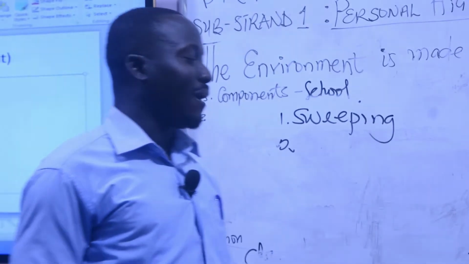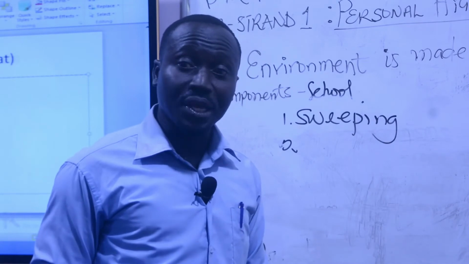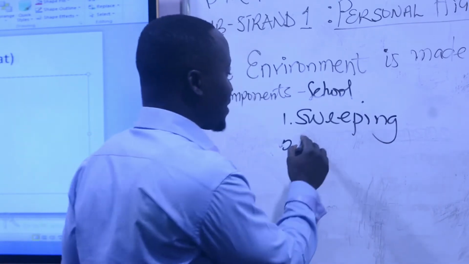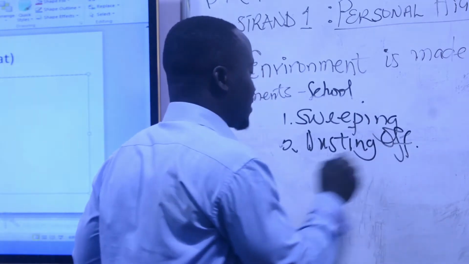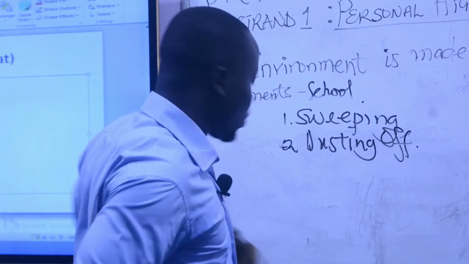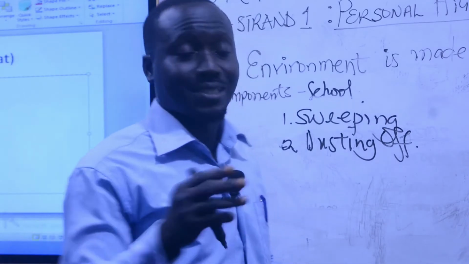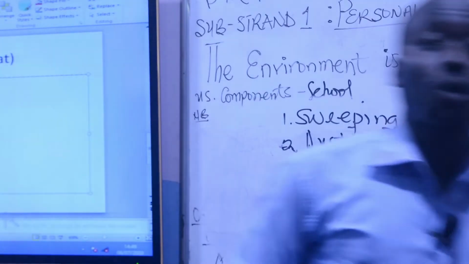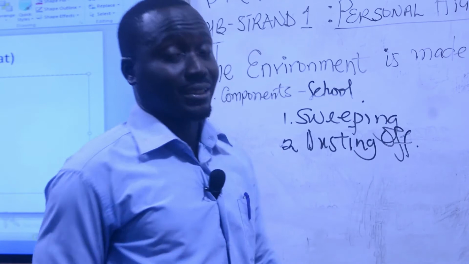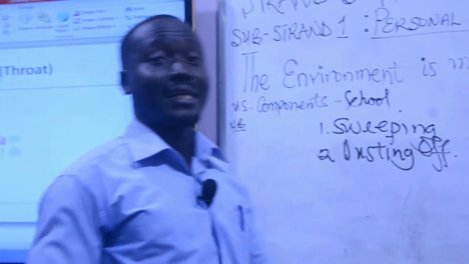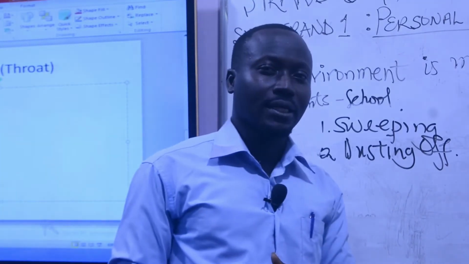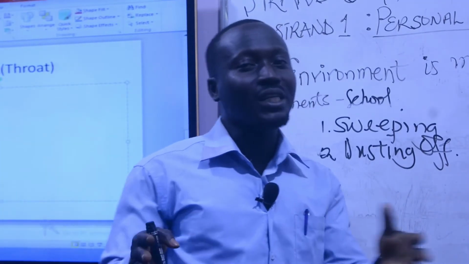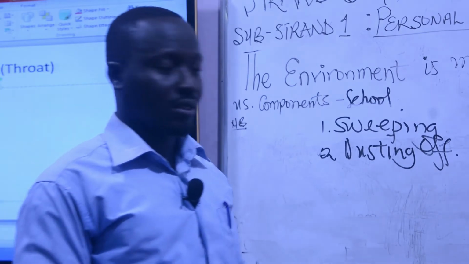The next way to keep our environment clean after sweeping is to make sure you dust off the surfaces. Dusting. You must dust off all surfaces to avoid particles of dust, which will cause a dirty environment. Whenever your tables are dusty, you need to dust them off to avoid any of these kinds of germs.